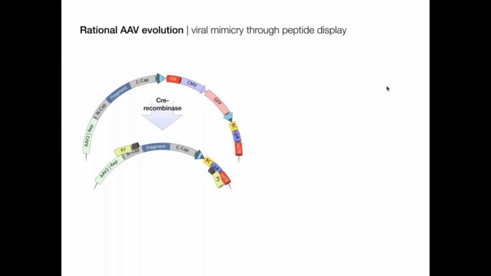And by doing this, we can use Illumina sequencing. By moving the barcode and fragment closer, we can use Illumina paired-end sequencing to read barcode and fragment in the same read. And we also don't have to read through the ITR, which is very difficult or basically impossible.